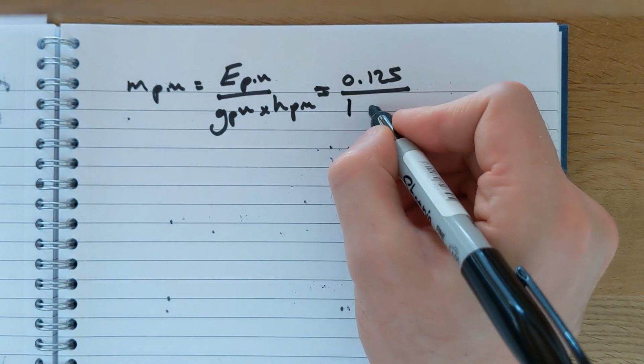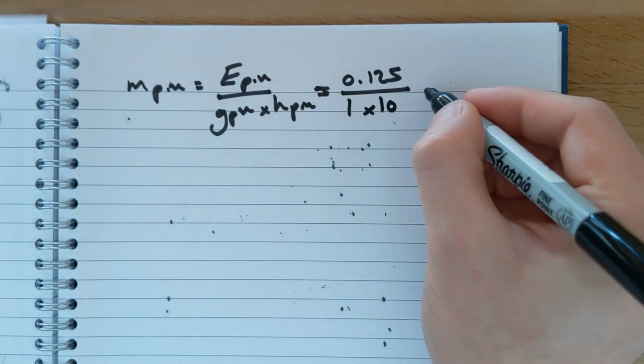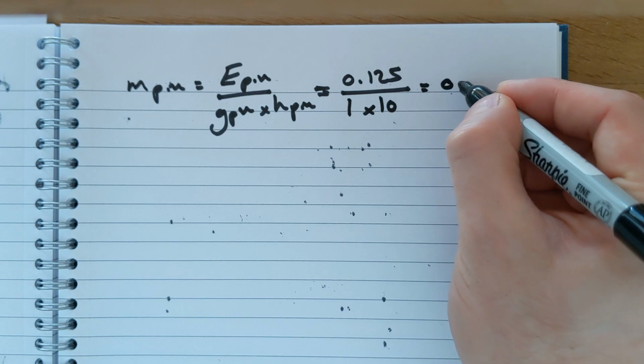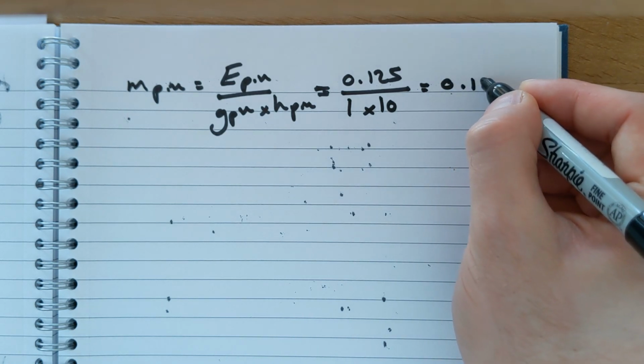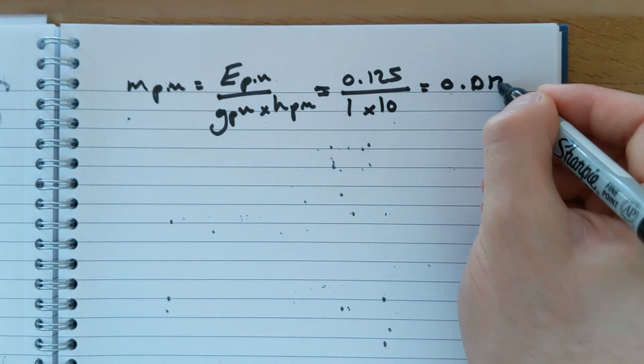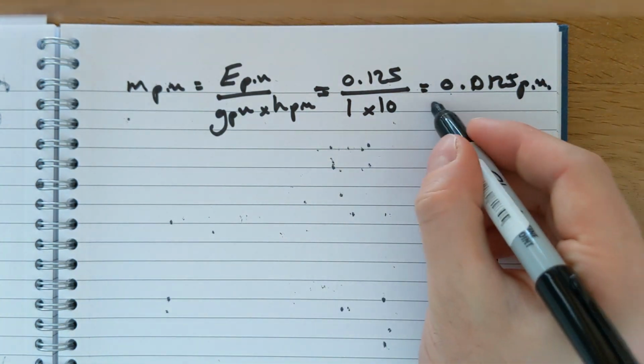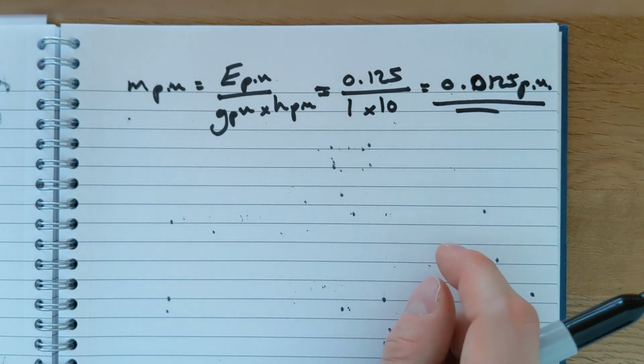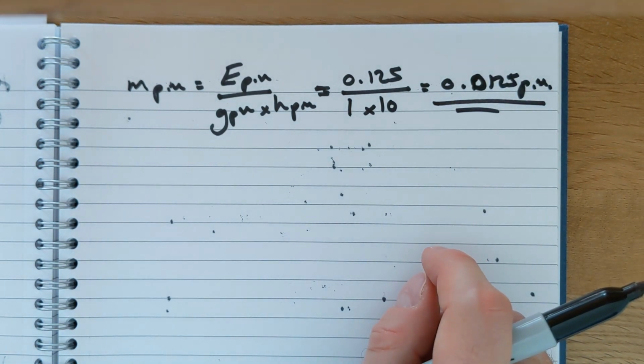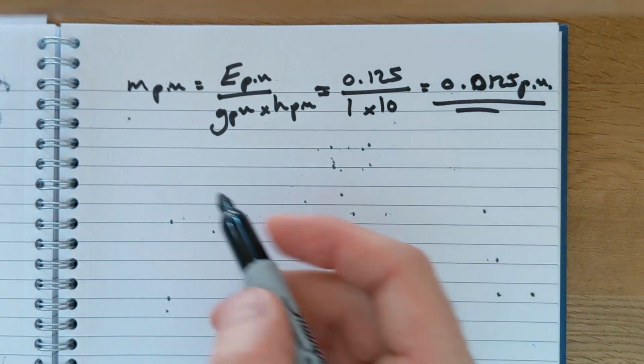So it's 1 for gravity and 10 per unit for height, and that equals 0.0125 per unit. And that's the mass that we have pumped with the pump over 60 seconds.